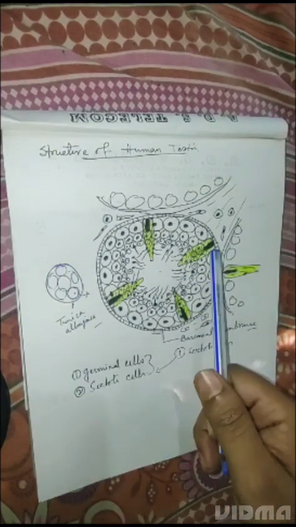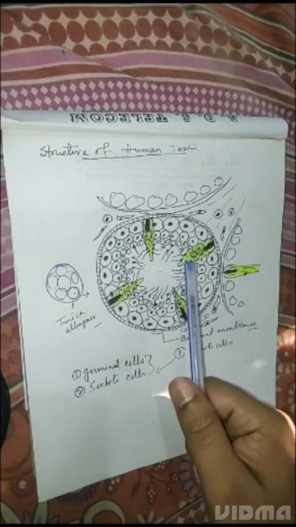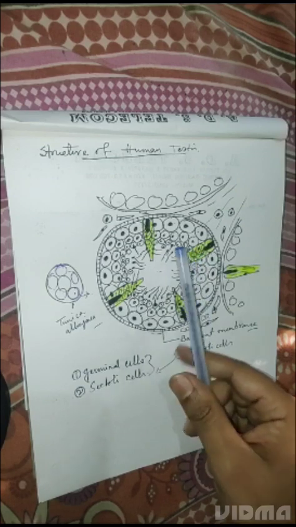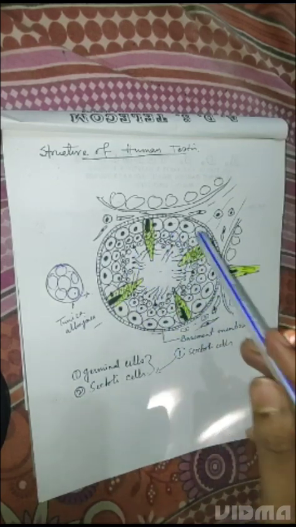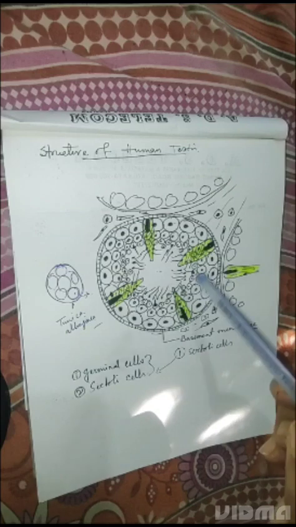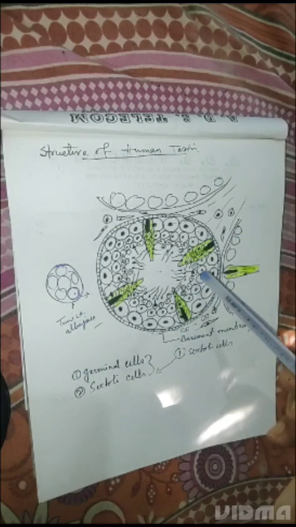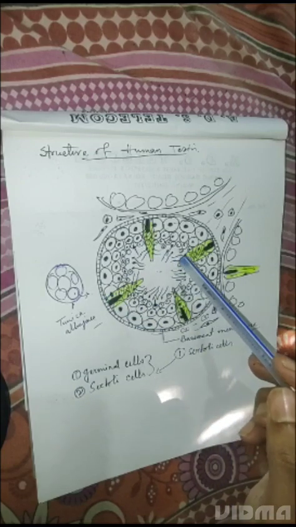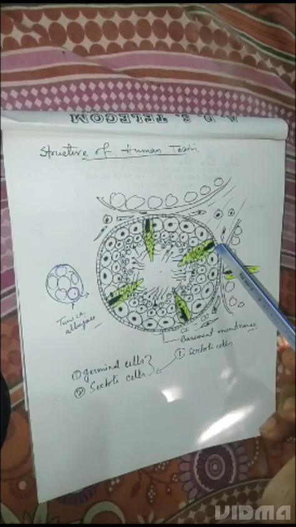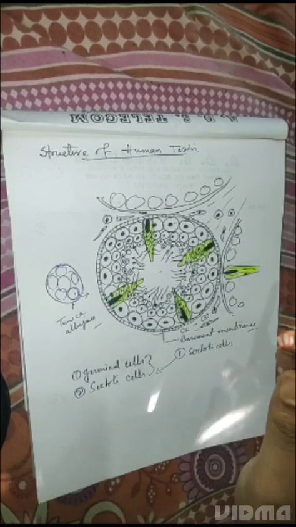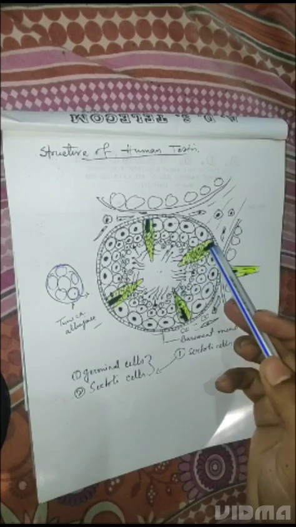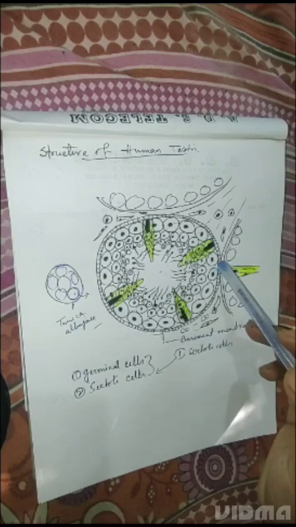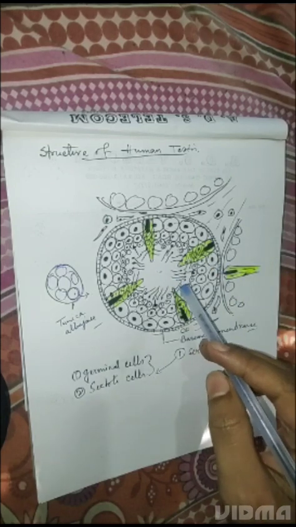From the lamina to the lumen, a triangular pyramidal structure lying between the germinal cells is called the Sertoli cell. It also has a nucleus, but the nucleus is not very distinct. It is not circular like what you see in normal cells. All right, what is the function of it?